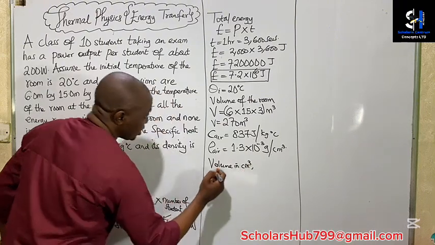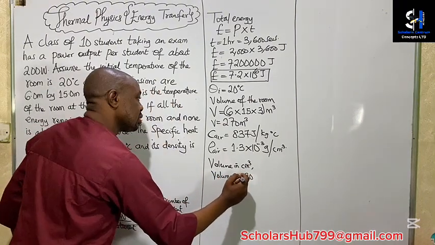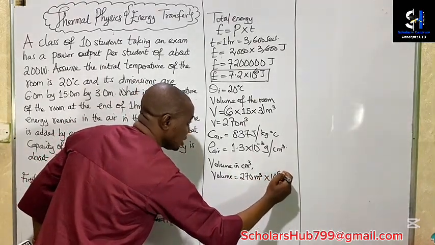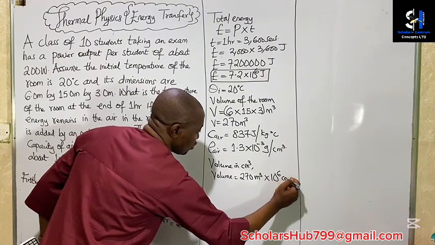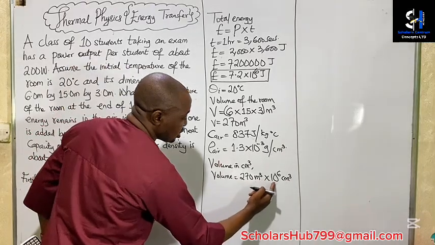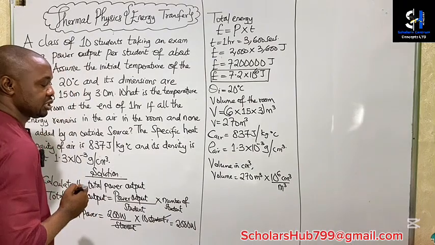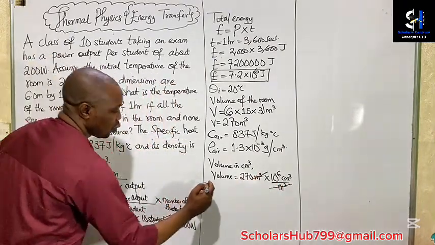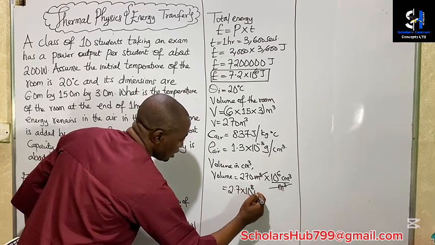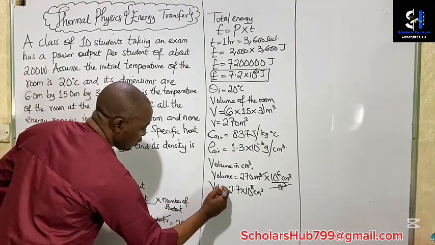The volume in cubic centimeters will be 270 cubic meters multiplied by 10 raised to the power of 6 cubic centimeters over cubic meters. When this cancels out, we're going to have 2.7 times 10 raised to the power of 8 cubic centimeters. That is the volume of the room.